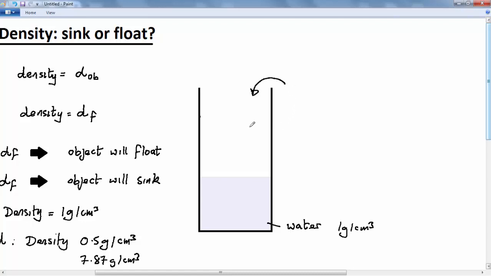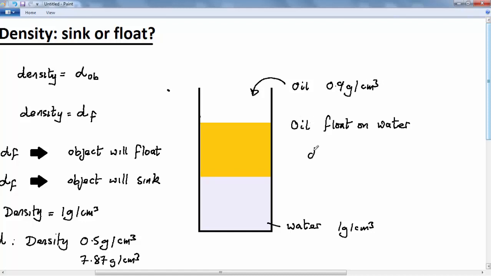If I pour cooking oil into the water, it would initially appear to mix around, but actually the two don't mix, and after a short while they will separate. Because the oil has a lower density than water, typically about 0.9 grams per cubic centimetre, the oil will float on the water.